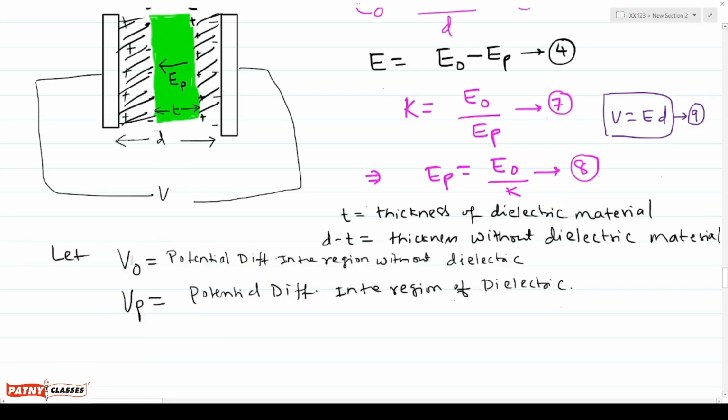Now let V naught equal the potential difference in the region without dielectric and Vp equal the potential difference in the region of dielectric.